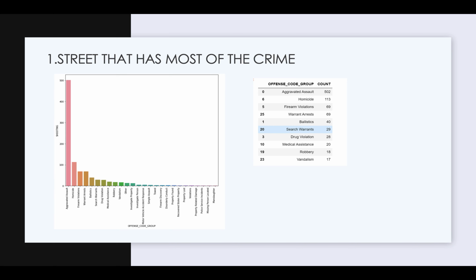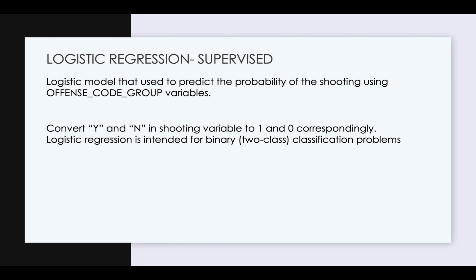Also, looking at which crime has the most shootings, we can see the offense code group aggregate assaults has the most, and on the right-hand side, you can see it has more than 500 cases recorded.